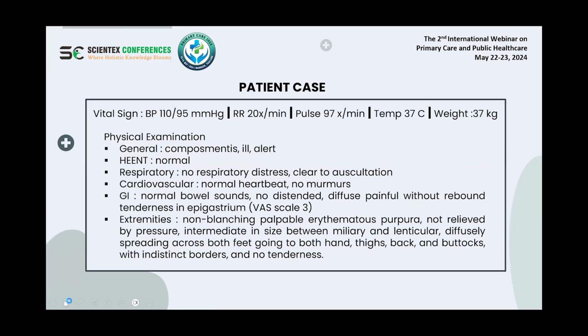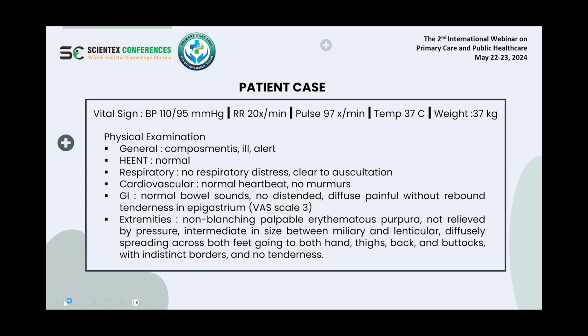Then, in the ER, his vital signs appeared stable. The blood pressure was 110/95, respiratory rate 20 times per minute, heart rate 97 times per minute, and body weight 37 kilograms.